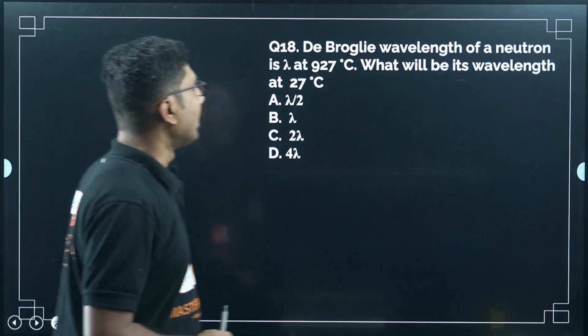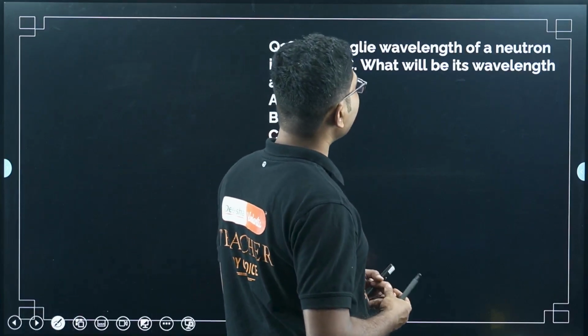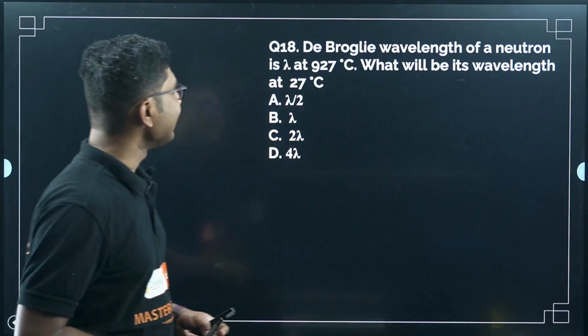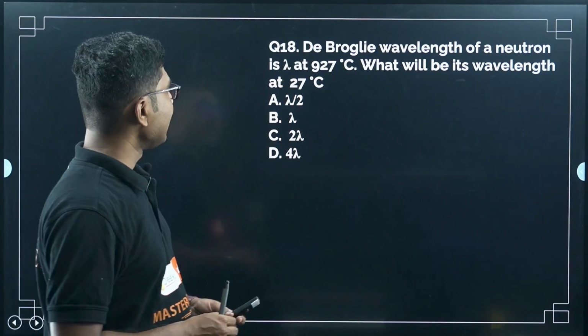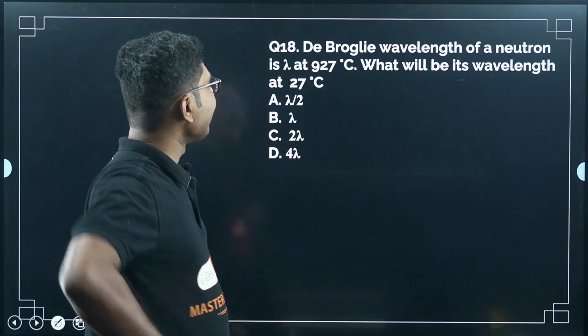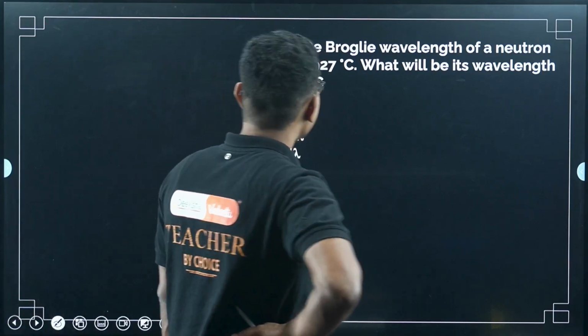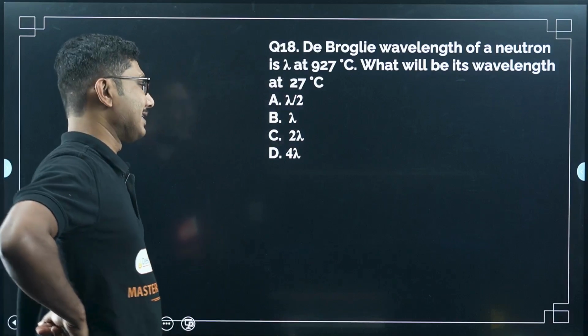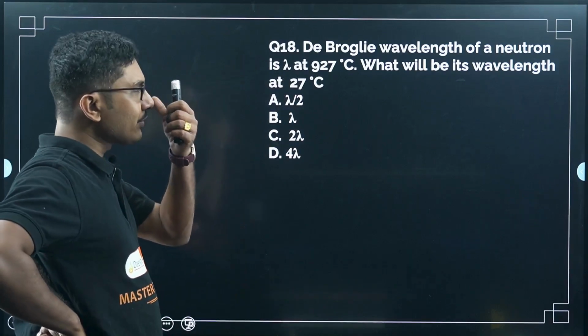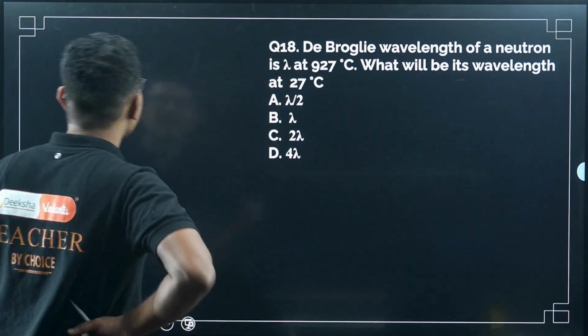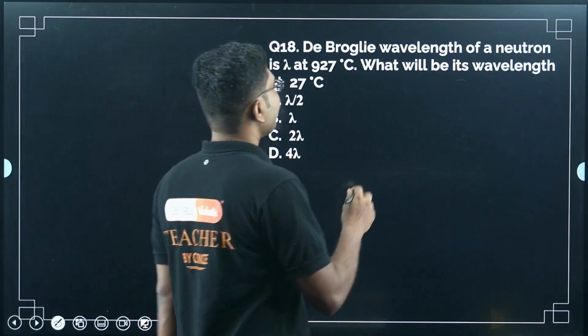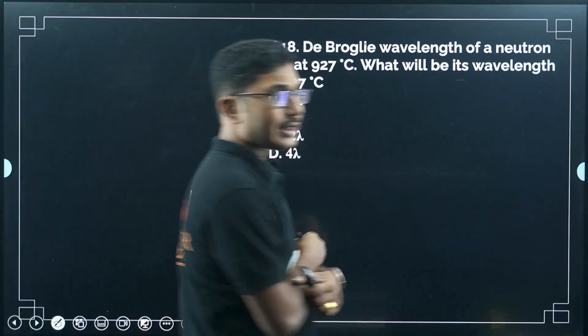Now question number 18: the de Broglie wavelength of a neutron is lambda at 927 degrees Celsius. What will be its wavelength at 27 degrees Celsius? To answer this question, what you have to remember is VRMS. Neutron is like a gas, right?